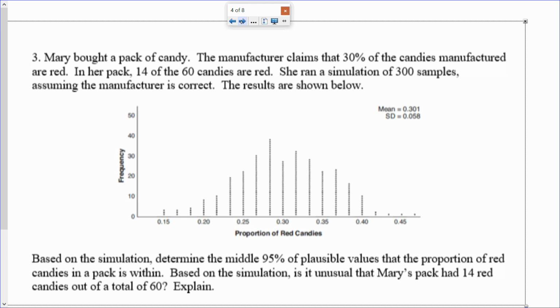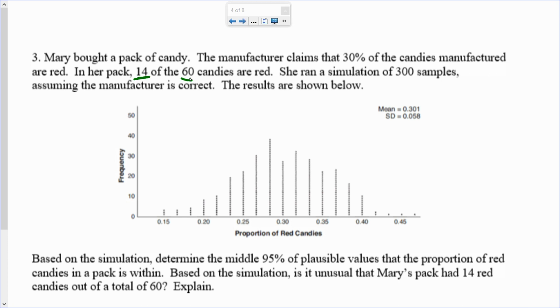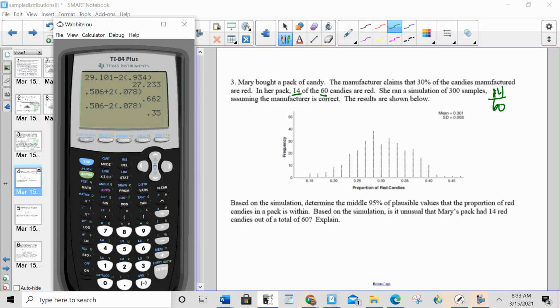So, the value it's giving you is 14 out of 60. In order to see if that's going to be inside or outside of the confidence interval, you have to make that into a decimal. How do you make that into a decimal? You divide.